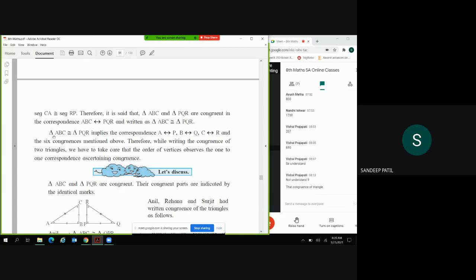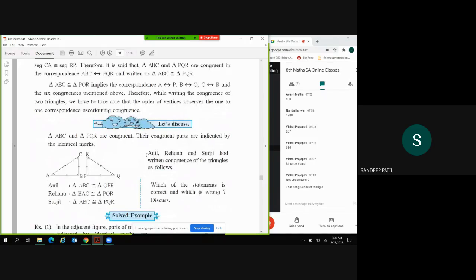Whenever we are writing this triangle, we have to see what order we are following. So whatever order we are writing, we have to see that if it is ABC, here it is PQR; we cannot write QPR, because then the vertices do not correspond to each other.